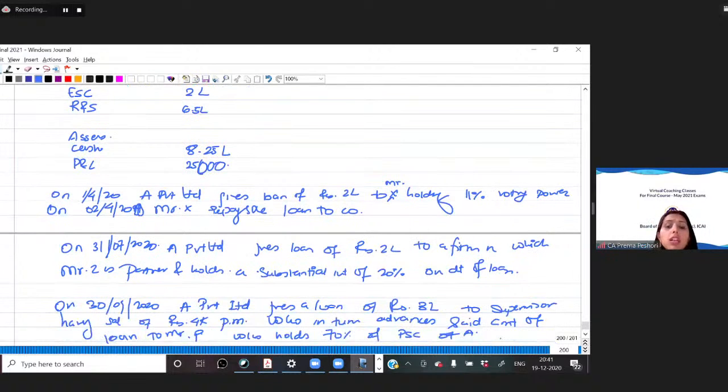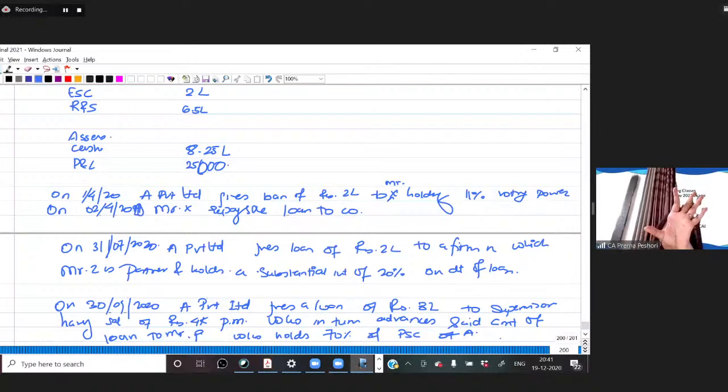Then 3 lakh given to a supervisor on behalf of Mr. P will be taxable in the hands of Mr. P to the extent of the accumulated profits which are remaining, right? So the remaining accumulated profits are 2,25,000. So only 2,25,000 will be taxable as deemed dividend. Clear? The excess amount of rupees 75,000 shall be treated as a loan.